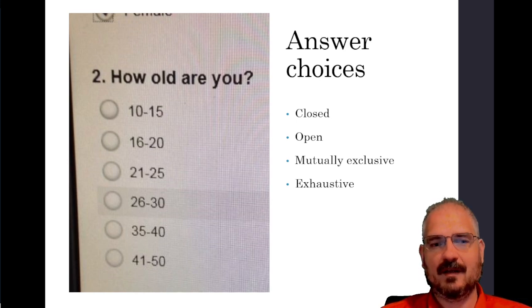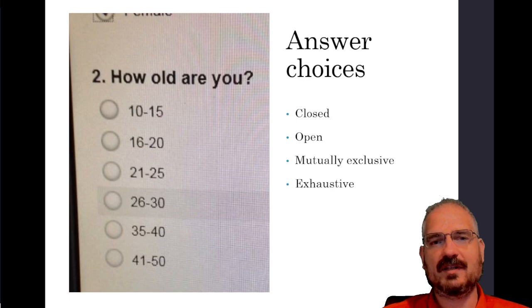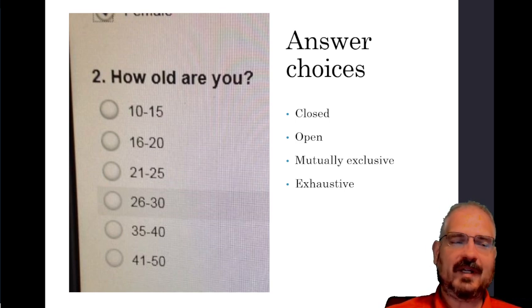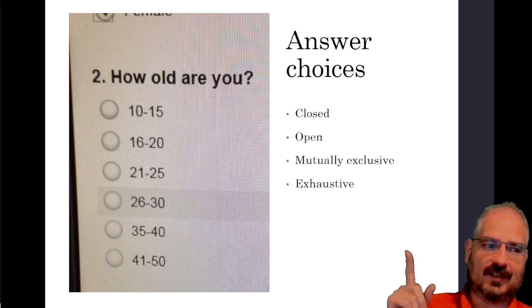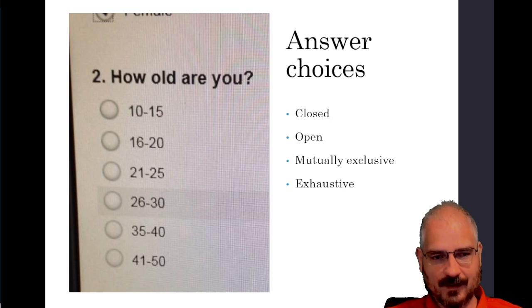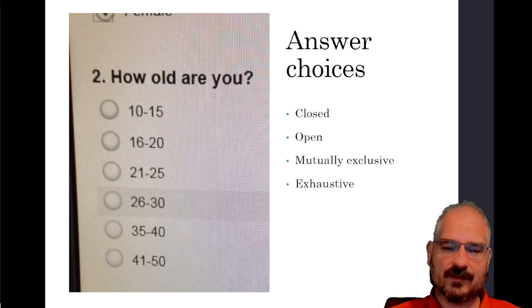Exhaustive means we have to make the answer choices complete. In other words, everybody has to have at least one correct answer choice, right? So the reason I put this image on this slide is because it is a closed-ended question where the answer choices are mutually exclusive, i.e. there's no 2 of those that overlap, but they are not exhaustive.